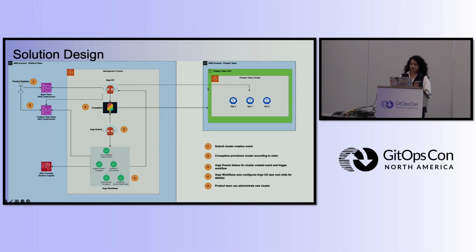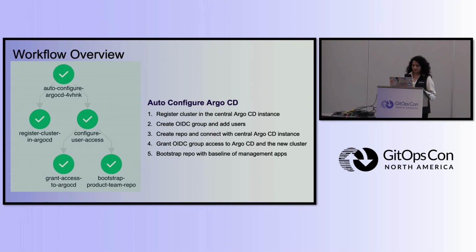Now let's drill down more into the workflow, what happens over there. So the first step of the workflow is an API call to Argo CD to register the EKS cluster or Kubernetes cluster. And since Argo CD needs to access the cluster in another AWS account, as you saw over there, it needs to create a service account inside this new cluster.